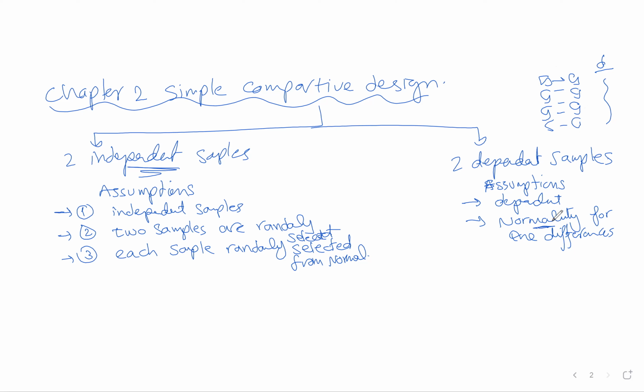But for the random samples and independence, you don't need to check these assumptions. From the design itself, you can tell if they are independent or dependent, and that the two samples are randomly selected comes from the scenario itself. The only thing you need to check is that each sample is randomly selected from a normal distribution, meaning each data set follows a normal distribution.